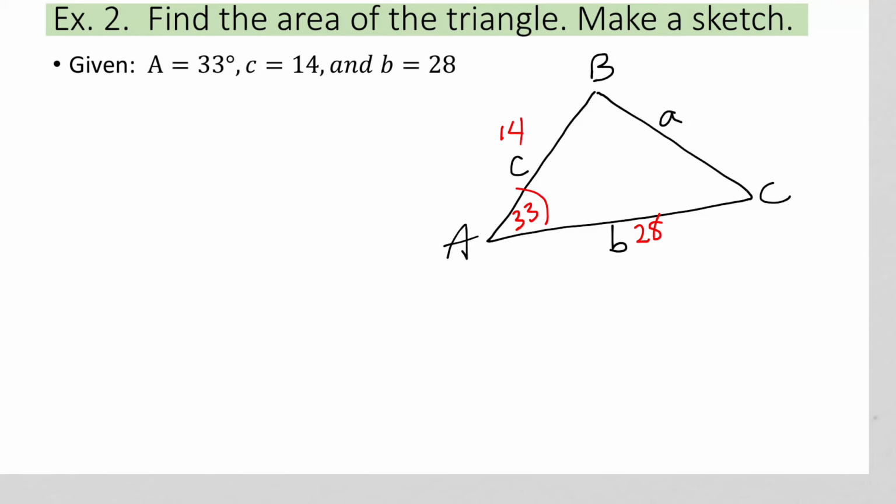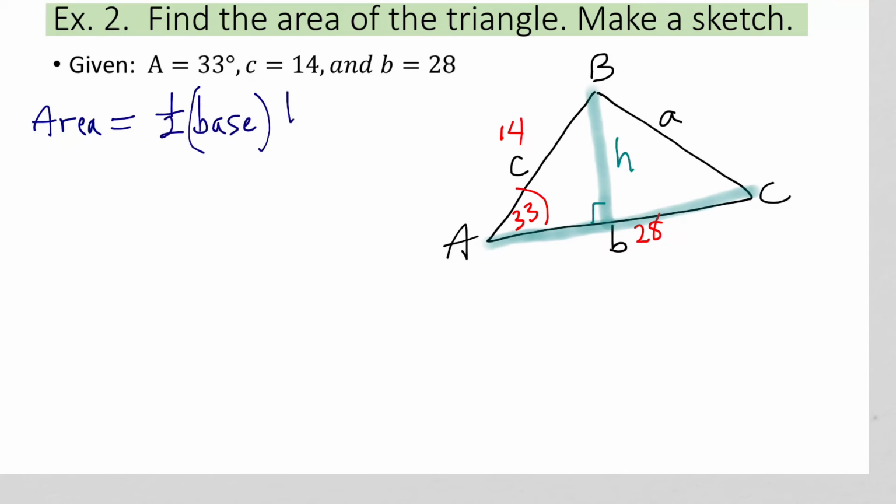So I'm going to choose this as my base here, and my height will be here. So here's my height perpendicular to my base. All right, so my area formula is area equals 1/2 base times height. So I already know my base, so I just need to calculate my height.